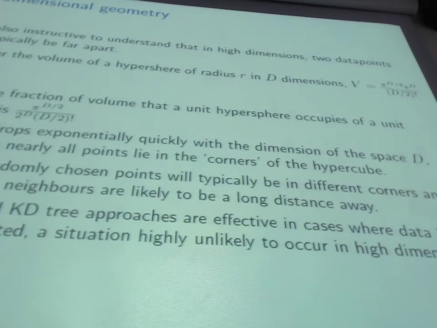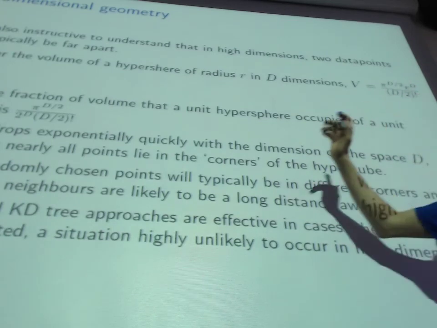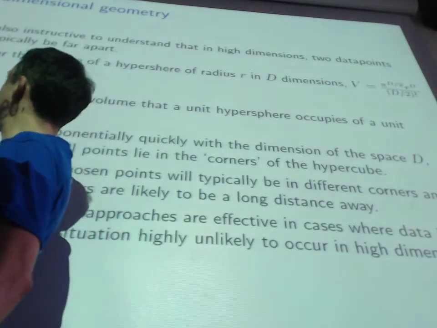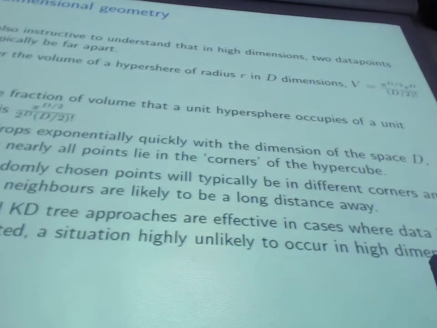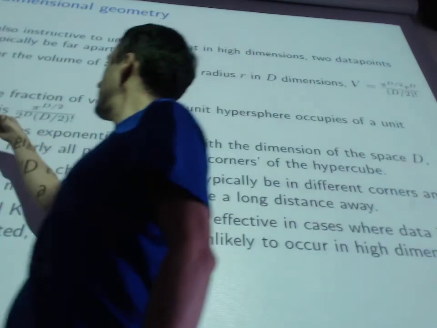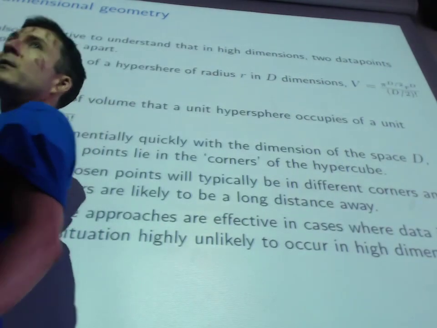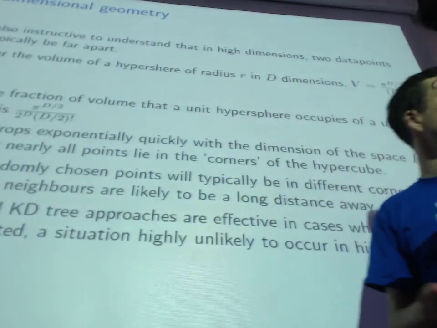Once you've gone up just a few dimensions, the fraction of the volume that this hypersphere occupies is very, very small. It shrinks exponentially quickly towards 0. So what does that mean? That means that the vast part of the space is actually in these corners of the hypercube.